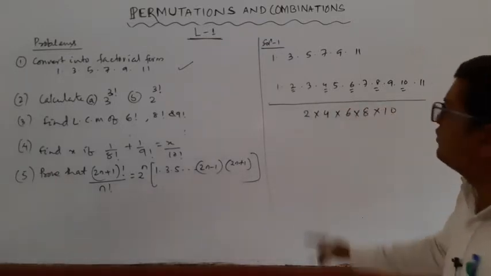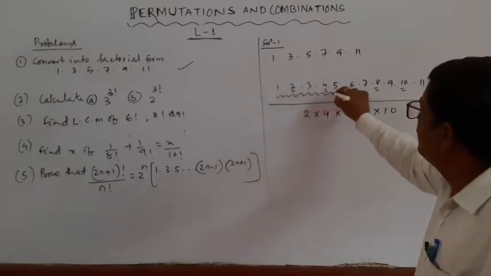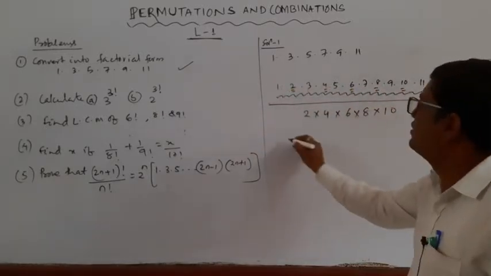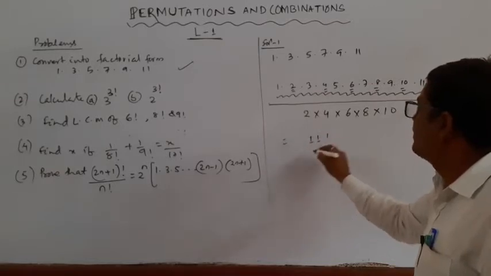So the numerator will be 1, 2, 3 up to 11, that means 11 factorial.